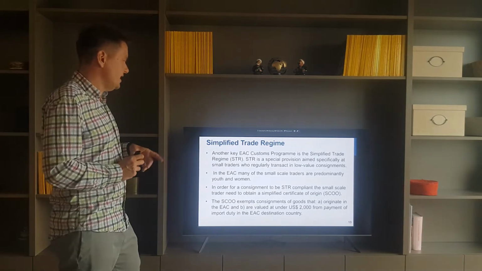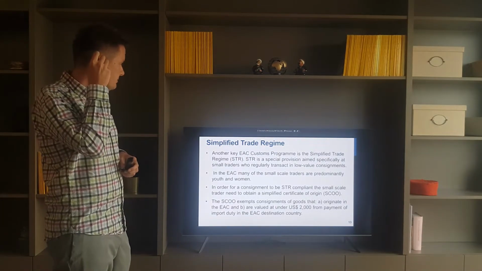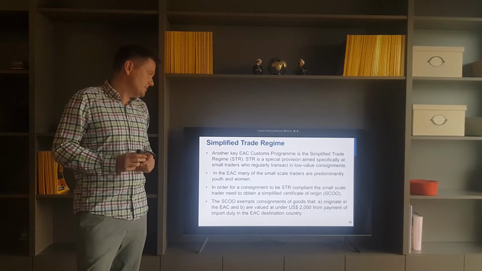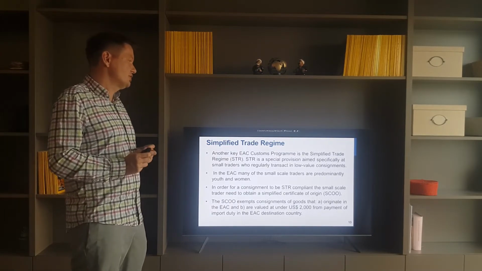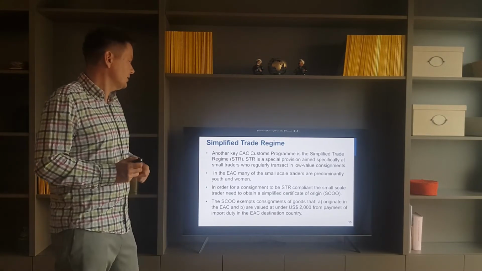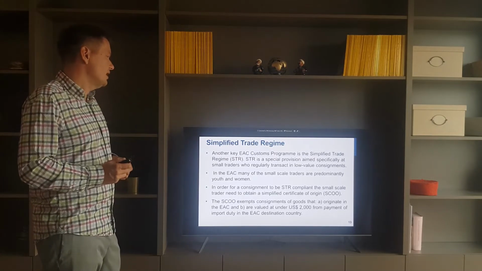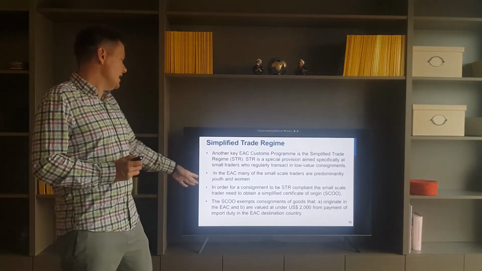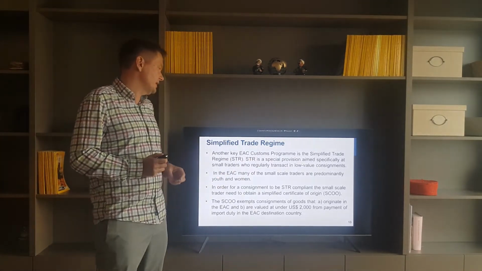In order for the consignment to be STR compliant, a small-scale trader needs to obtain a simplified certificate of origin. The SCOO exempts consignments of goods under the following criteria: if they originate within the EAC and are valued under $2,000 US.